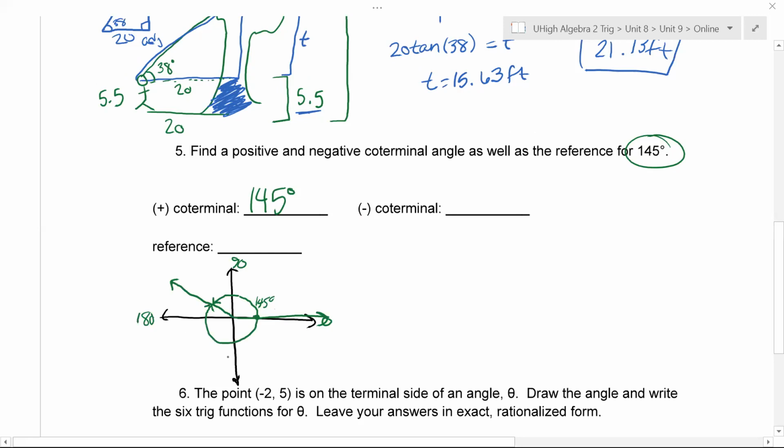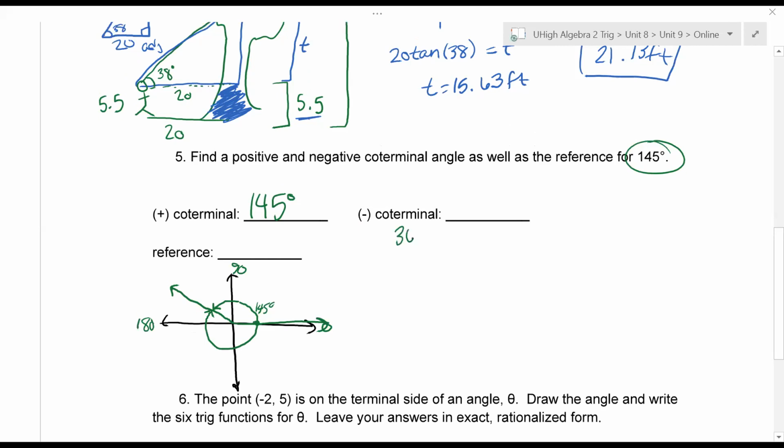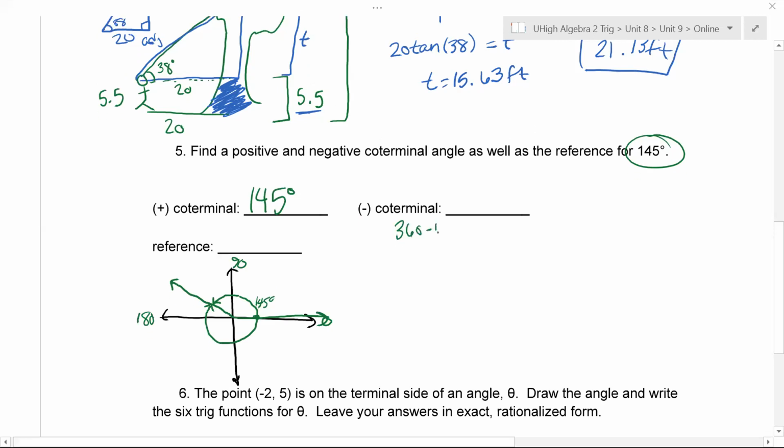Well, if I look, those two angles make a full circle, so I could just think of doing 360 minus 145 to get that my negative coterminal angle is going to be negative 215 degrees.